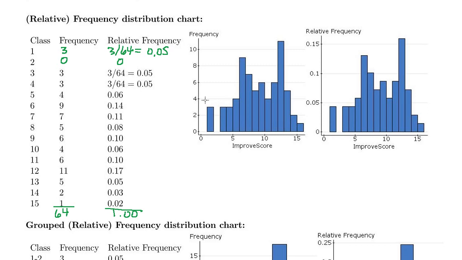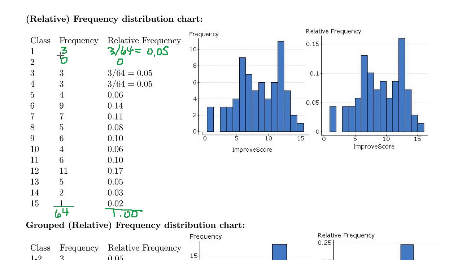So we would like our horizontal axis to be right there. So this is the bar for 5, 4, 3. There's no bar for 2, the bar for 1, and no bar for 0.